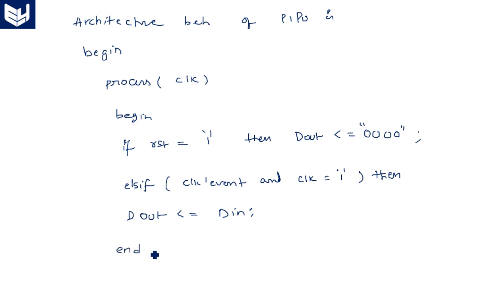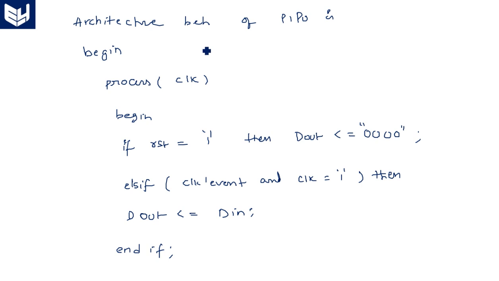And then end if, end process, end behavior. Okay, so this is the parallel in parallel out shift register operation as well as the VHDL code.